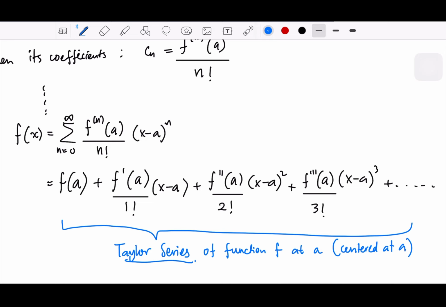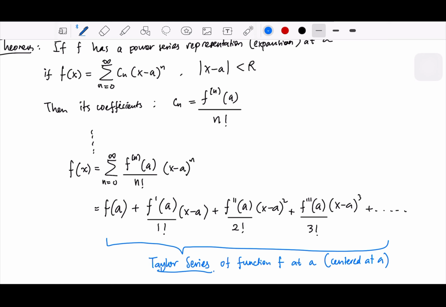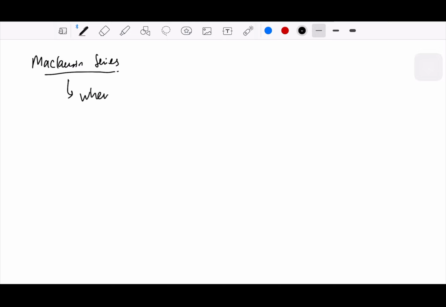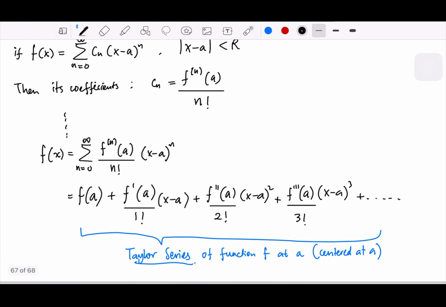Now, the other series is called the Maclaurin series. The Maclaurin series is when the Taylor series has a equals 0. Let me copy this Taylor series so you can see the difference.